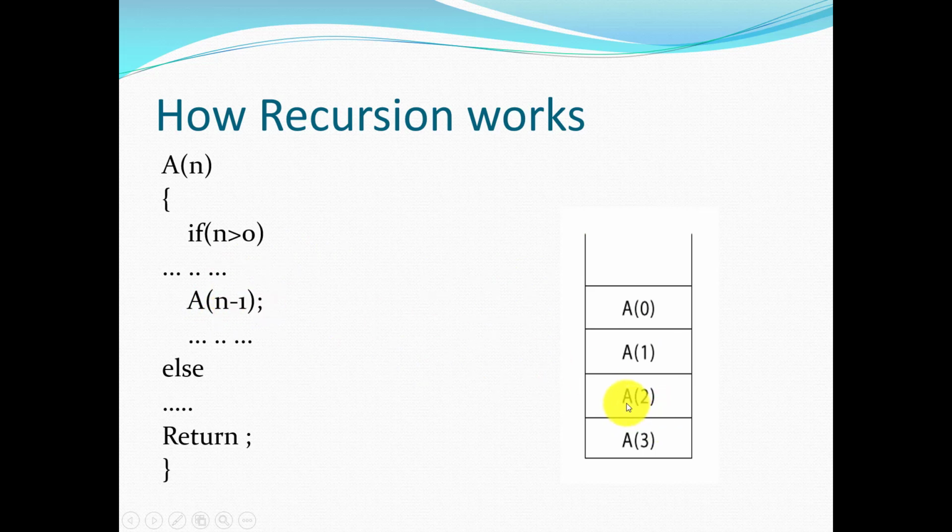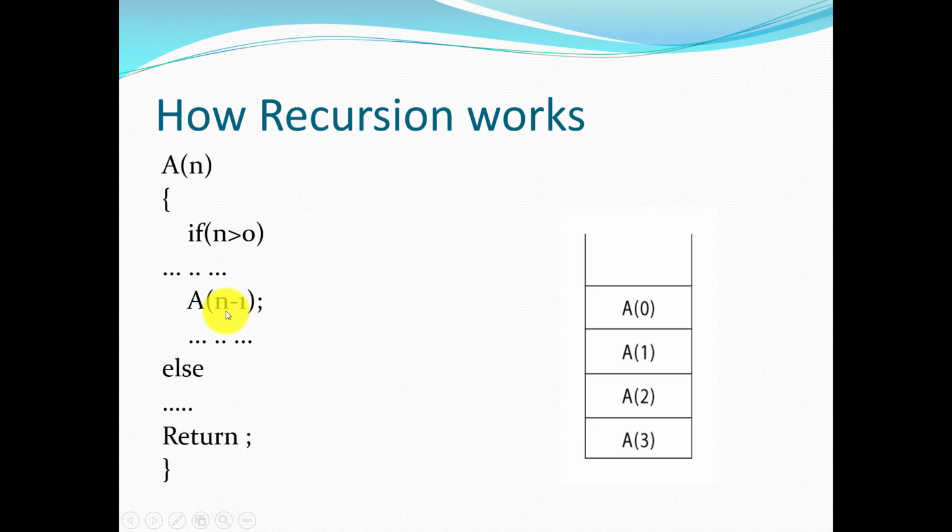Again it puts the value A of 2. It calls A of n minus 1, that is 2 minus 1. Again this condition is true, that is 2 is greater than 0. Now it calls A of 1, and stores the value A of 1.